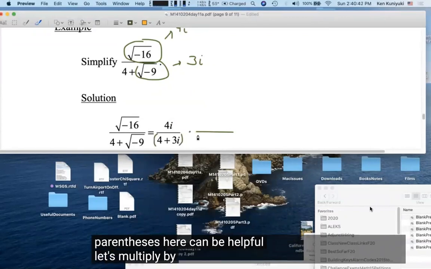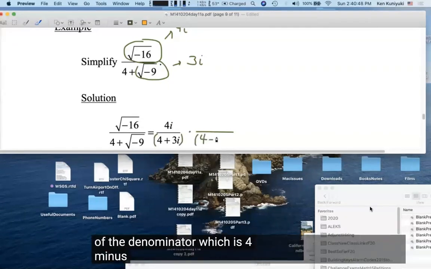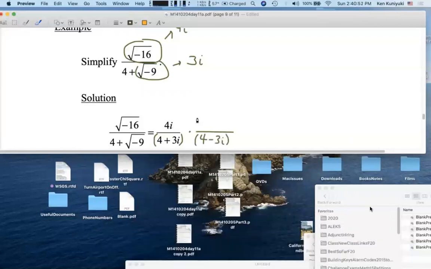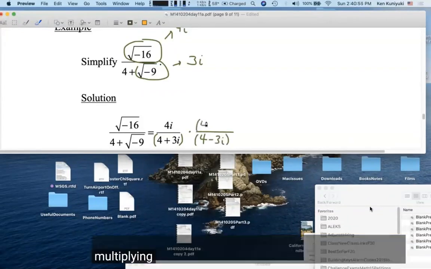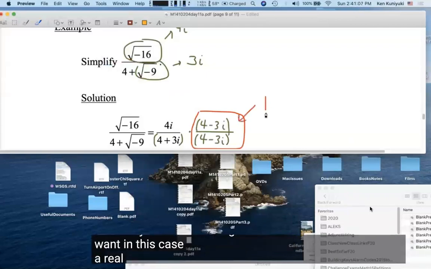Let's multiply by the complex conjugate of the denominator, which is 4 minus 3i. Multiply on the bottom and the top. We're multiplying by 1 overall. Again, we're multiplying by 1 creatively so that we can get what we want. In this case, a real denominator.